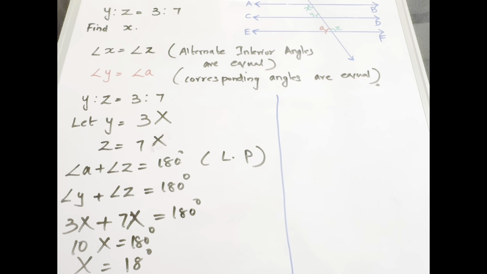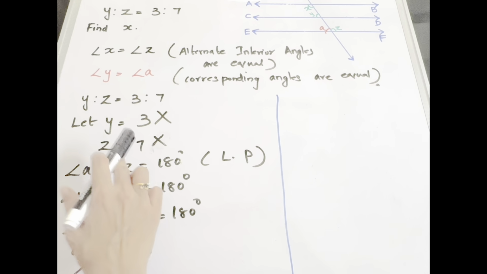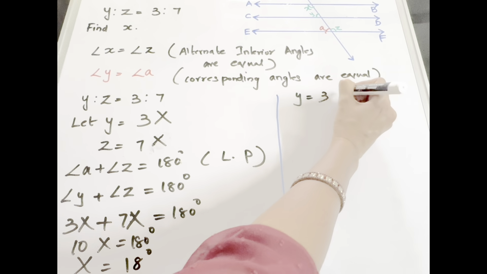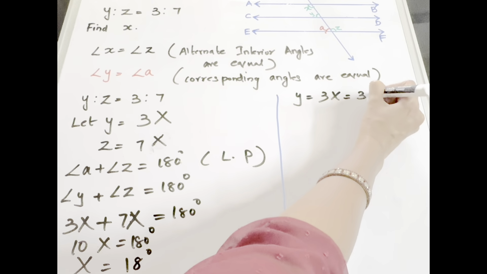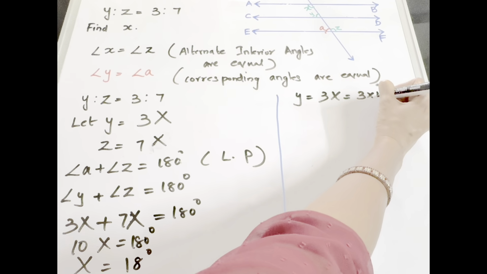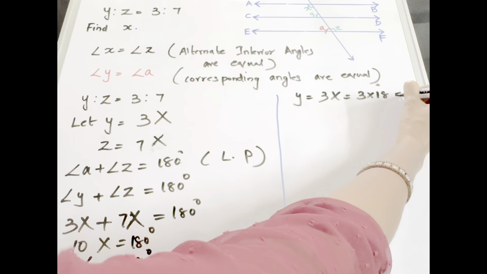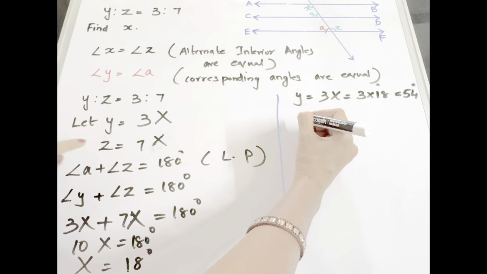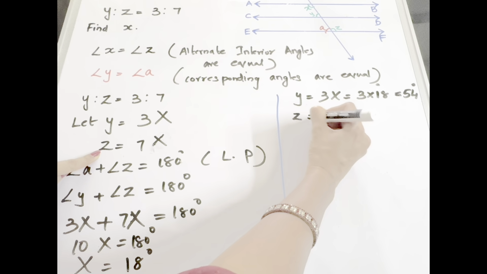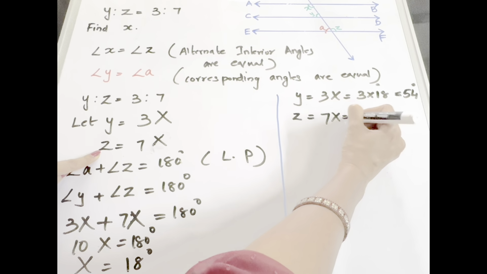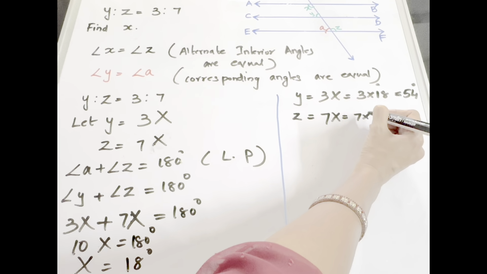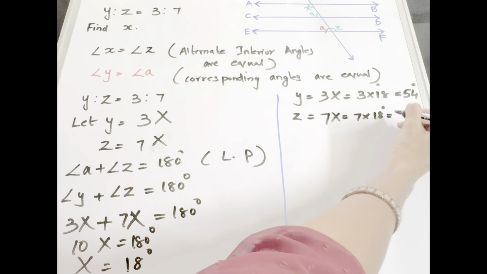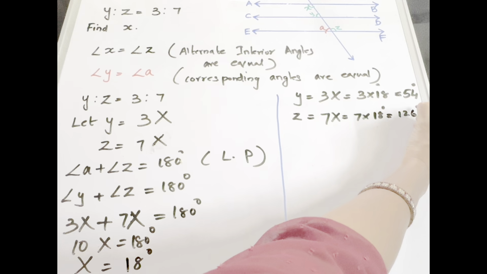Now substitute the value of x here for Y and Z. It's been given Y is equal to 3x, which is equal to 3 into 18, which is equal to 54 degrees, and Z is equal to 7x, which is equal to 7 into 18, which gives you 126 degrees.